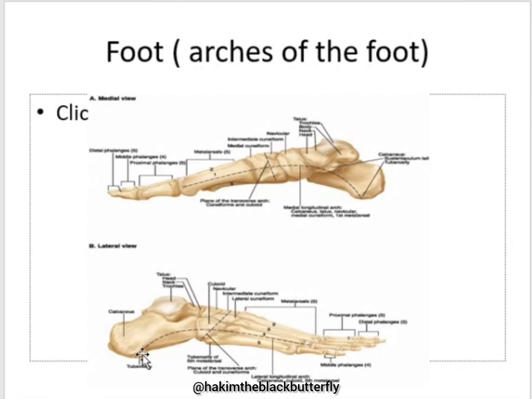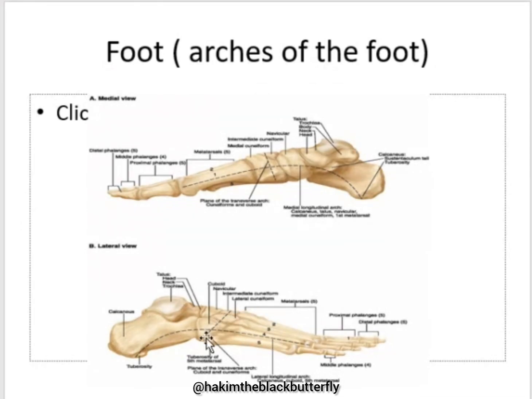Whereas the lateral longitudinal arch is made up of the calcaneum, which is 1, the talus, which is 2, the cuboid, which is 3, and then the 2 metatarsals 4 and 5, which is 5 bones. So the medial longitudinal arch is made up of 9 bones, and that is made up of 5 bones.